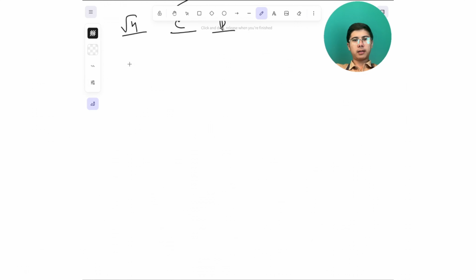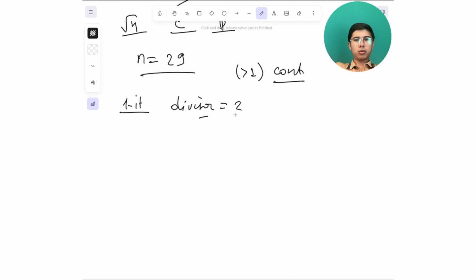We can see another mathematical example with the iterations. Let's imagine we have an input number of 29. Firstly we check whether 29 is greater or less than 1. It is greater than 1, so we can continue. Our first iteration: the divisor equals 2.